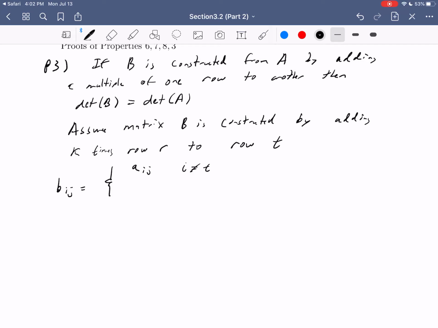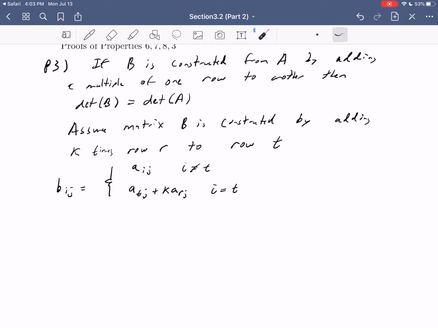In the teeth row, when i is equal to t, let's back that up real quick. In that teeth row, you have the original thing, a_tj, but then you get k times that row r, so you get plus k times a_rj, and that's what happens at i equals t.